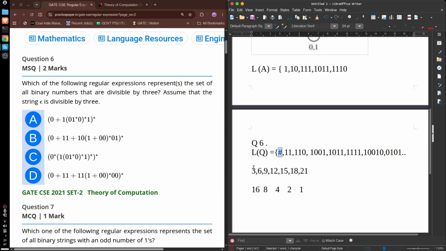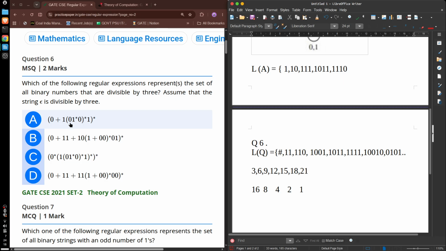Can we make 11? Yes, we can make 11 here, because we'll pick this and this. Now can we make 1 1 0?